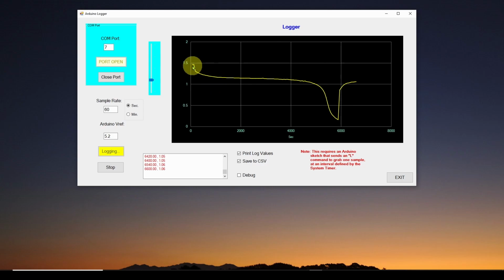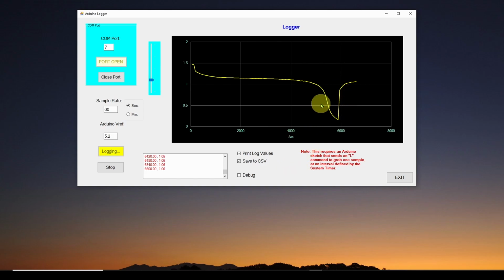But you can see what we're doing is we've got the battery connected to the input of the Arduino, and we're measuring over a long period of time how that battery is responding as we apply load to it. Here we've got an hour and a half, an hour and 45 minutes worth of data showing how the battery is responding under load, and then when we disconnect the load, how the voltage returns.